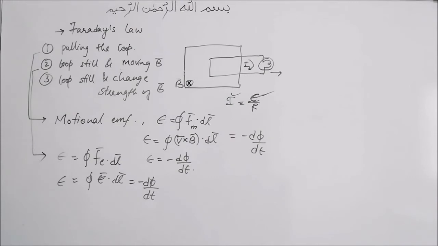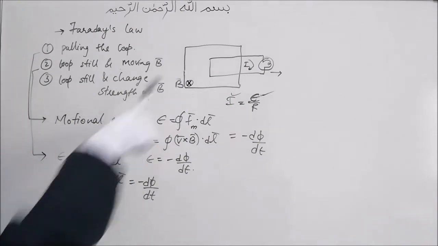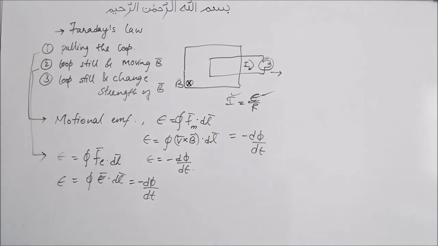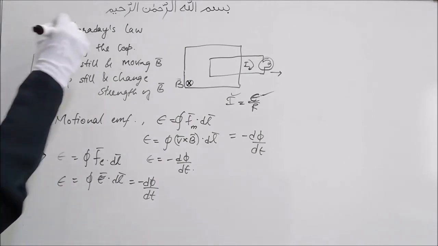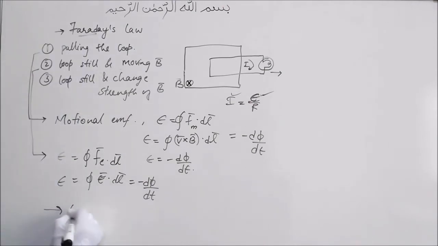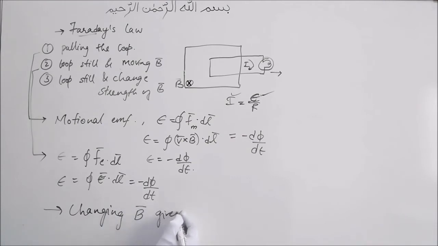Now you might be wondering how we suddenly jumped from magnetic field to electric field. Well, that is also because of Faraday, that changing magnetic field gives rise to an electric field, or we can say changing magnetic field induces an electric field.